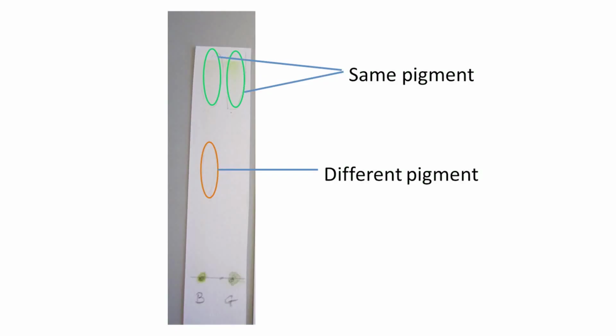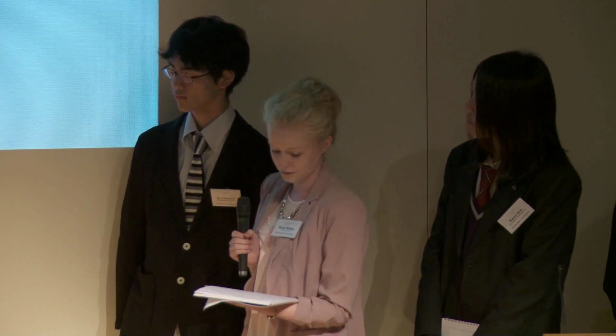How we showed these different pigments was we did a chromatography sample. On the left you can see the brown algae, and on the right is the green algae. We did this by placing a dot of concentrated algae, which we made in a centrifuge, on the baseline and placing this in a solvent.